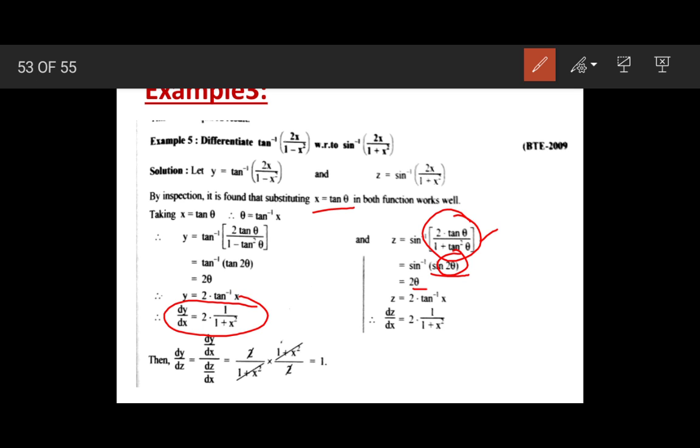But theta is tan inverse x, so we get 2 into tan inverse x. Now we differentiate z with respect to x. So we get dz upon dx, 2 into the derivative of tan inverse x, which is 1 upon 1 plus x square. So 2 upon 1 plus x square.